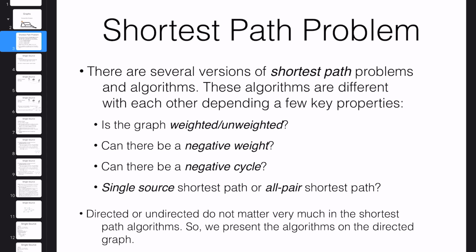Whether the graph is weighted or unweighted, whether there is a negative weight among the edges of the graph or not, whether there is a negative cycle in the graph or not, whether we are looking for single source shortest path, which means you start from a node and find the shortest path to all other nodes from this node, or you are looking for the shortest path among all of the pairs.